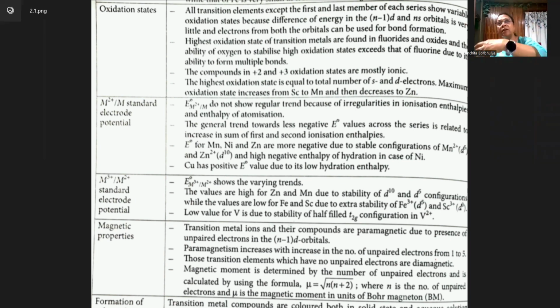On absorbing visible light, the electron would absorb that energy, jump to the higher d orbital, and then it wouldn't remain there permanently. It would again jump down, giving out energy in the form of light, which would appear as the color of that particular ion, be it in solution or in the solid state.